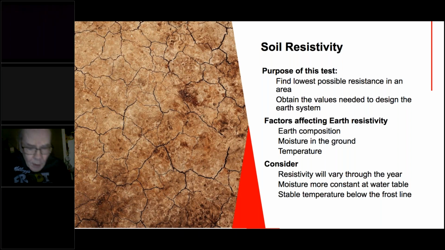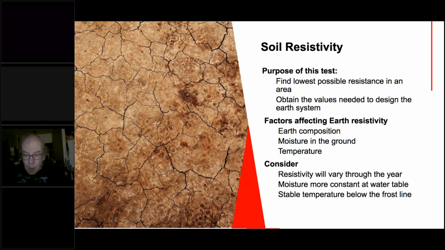You can get software, typically from the companies that make grounding materials, and the software will ask you what resistance value you want your grounding system to meet, and what the resistivity of your local soil is. You put that information in, the software will crunch it, and then it will tell you, okay, you need ten 10-foot rods or whatever, and it will design the system for you.